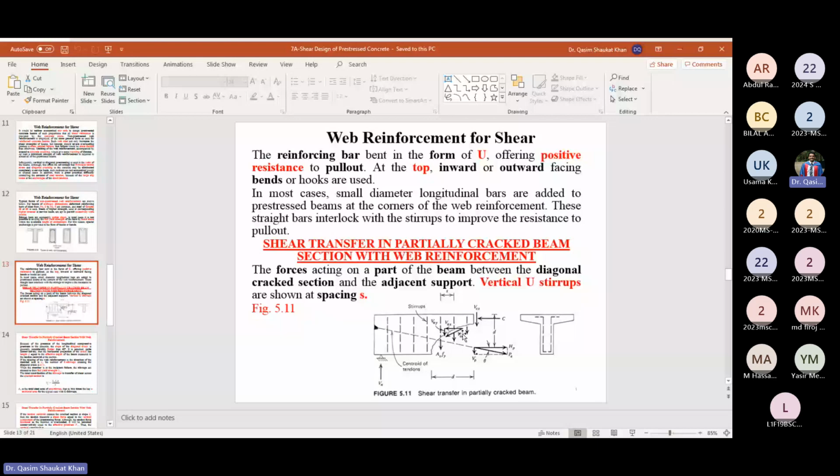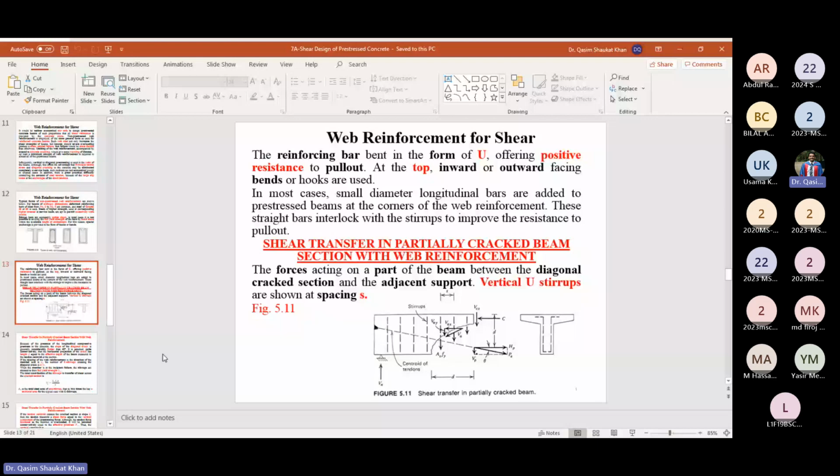These are the vertical U-shaped stirrups, and in the longitudinal section these stirrups are shown, which are provided at a spacing S. We will also discuss this V shear A, Y, C, X, C, Z. These are basically the components which we will discuss in a short while.